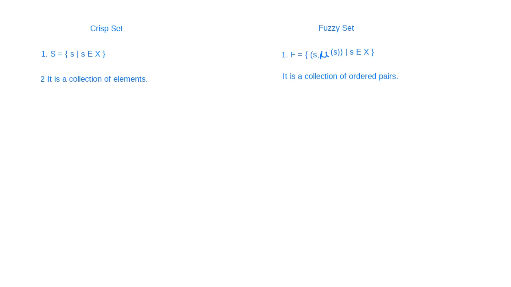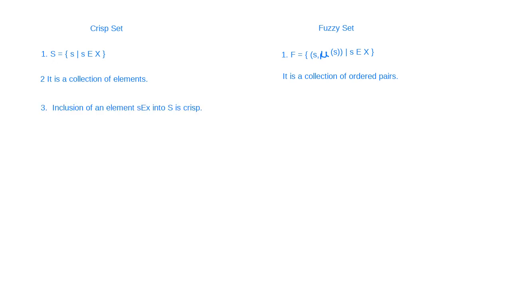right? And the third difference is inclusion of an element. Inclusion of an element S belongs to X into S is crisp, right? Meaning it belongs to only one set only.